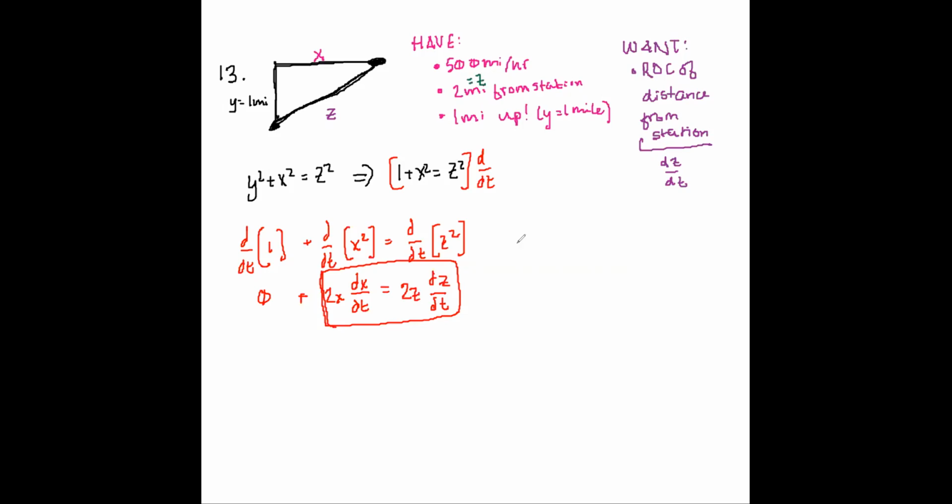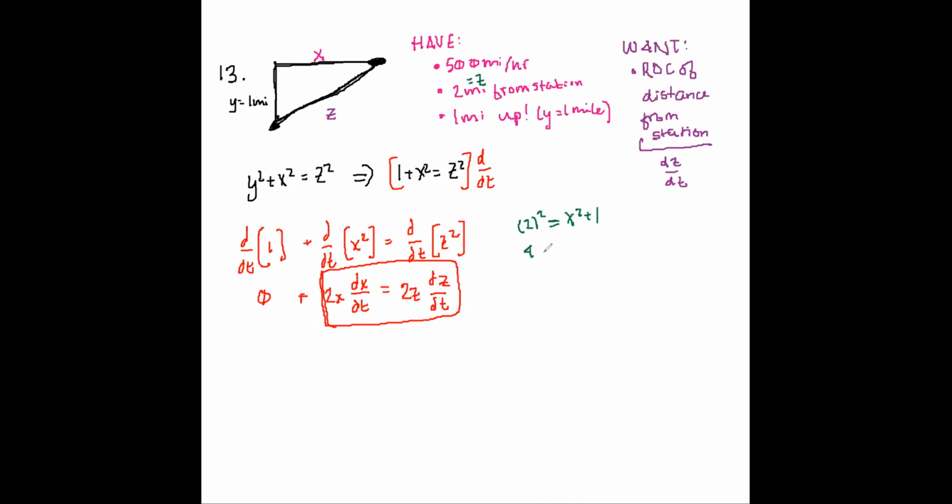Okay, so now we have established we have the distance, which is z. How are we going to find the rest of this? If z is 2, we can plug 2 in for z. So we have z squared, which is 2 squared, equal to x squared plus 1.